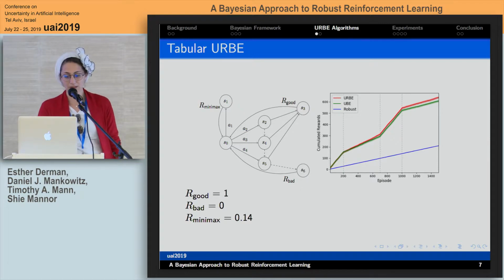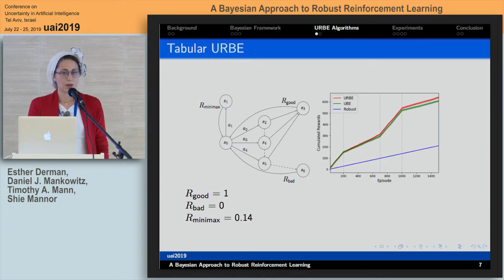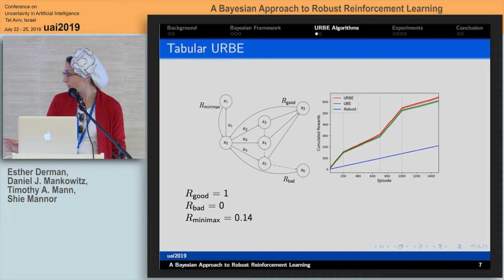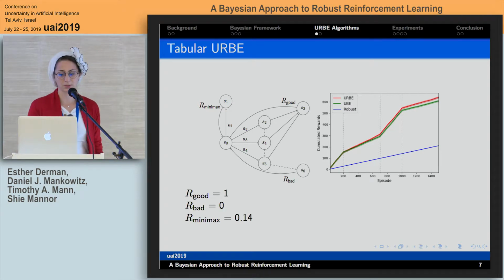And in that case, it gets a bad reward. And these adversarial transitions occur with a certain probability. And the robust policy here will consist in always taking the first action and securing a reward of 0.14. And you can see in the right-hand side that the robust policy is overly conservative.